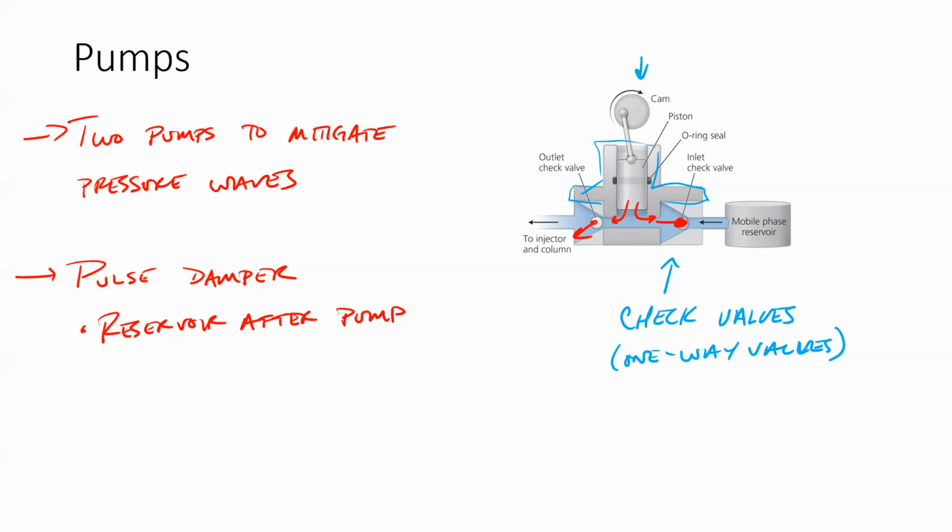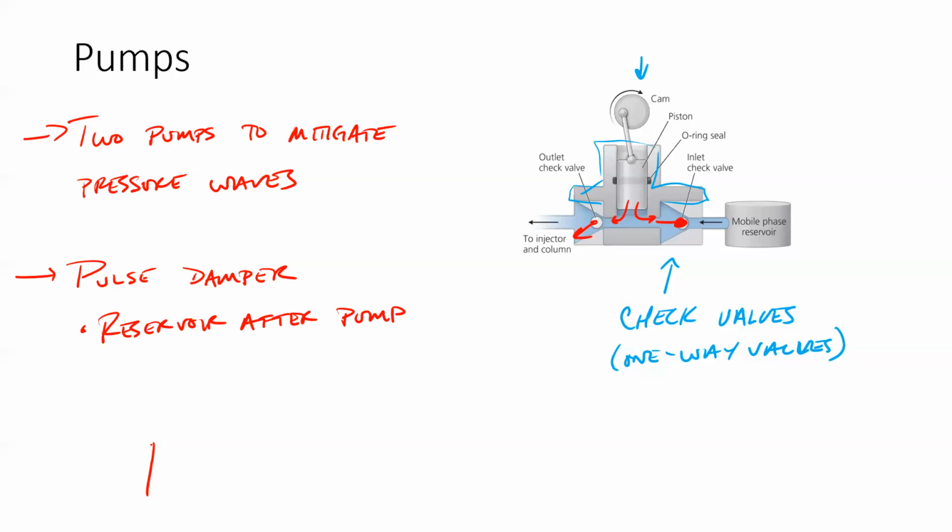You've got a lot of liquid, and that liquid gets a little pressurized in this pulse damper as it's being pumped in there. And then as you're pumping in things, the pressure inside that pulse damper doesn't change a whole lot, and it has a flow restricted outlet that sort of maintains a pressure.